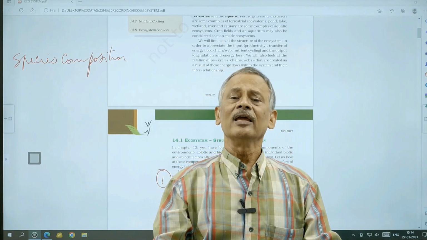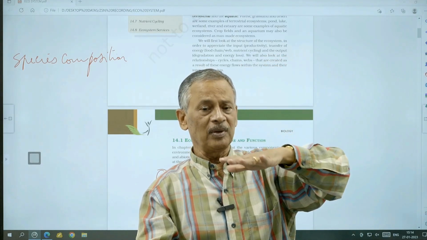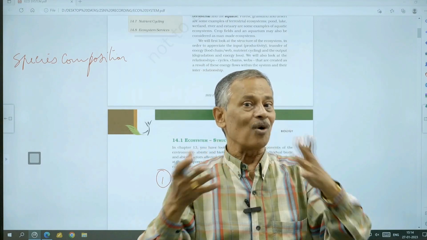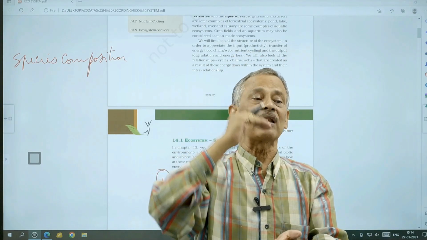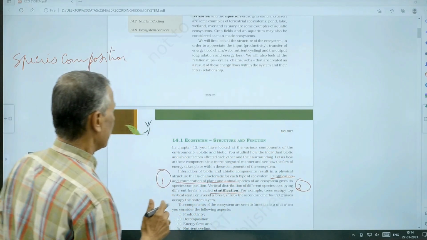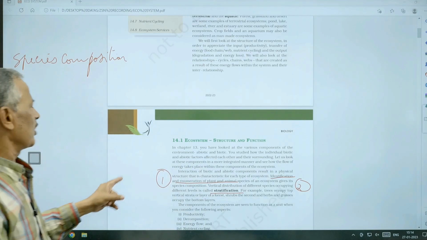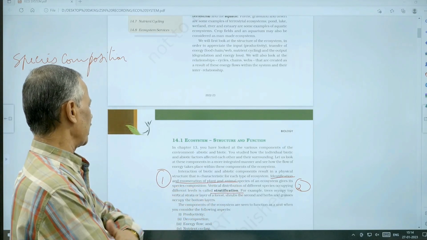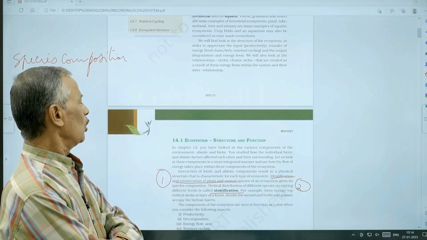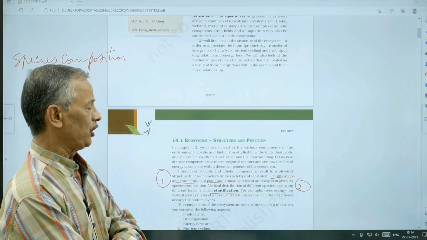Similarly, in a lake, some plants may be floating in the surface, some may be submerged, and some may be at the bottom. So they are not occupying the same level. They occupy different levels. That is what is called stratification. Vertical distribution of different species occupying different level is called stratification. So in these two, each ecosystem is unique.